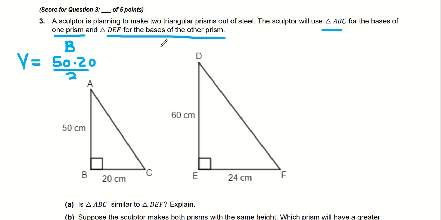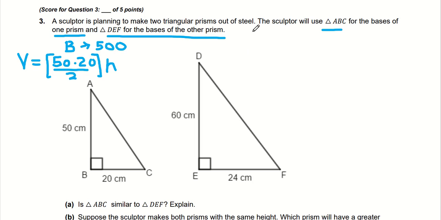So right now we have the area of that triangle, 50 times 20. Let's go ahead and calculate that area of the base so we'll have it if we need it. 1,000 divided by 2 is going to be 500.